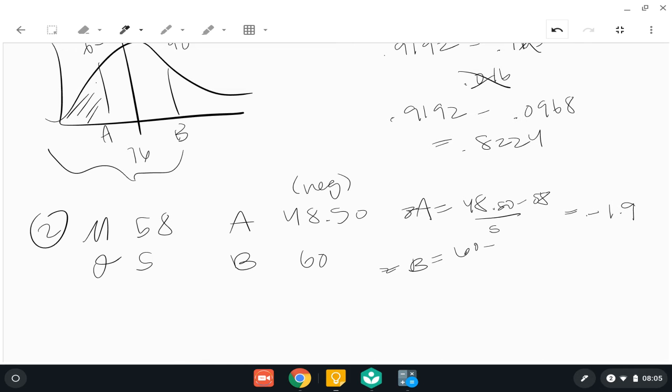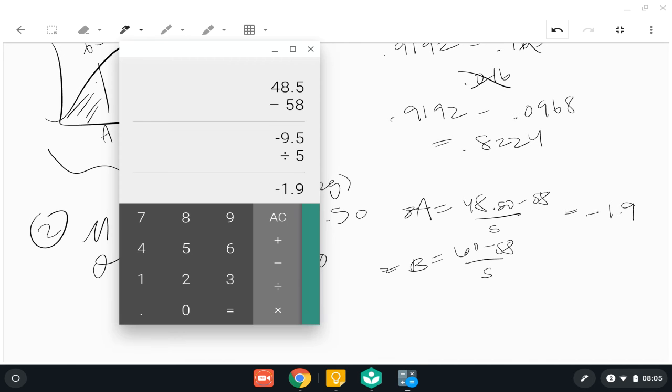ZB equals 60 minus 58 over 5, 2 over 5, 2 divided by 5 equals 0.4.